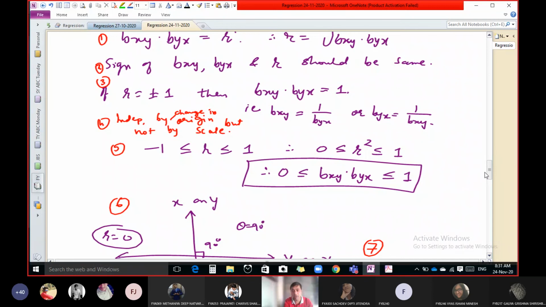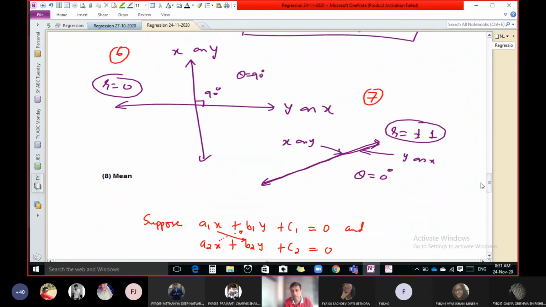Now, if r equal to plus or minus 1, then we can say that two lines are coincide. And if r equal to 0, then we can say that two regression lines are perpendicular to each other, means there is an angle of 90 degrees between them, and here the angle becomes 0 if r equal to plus or minus 1.